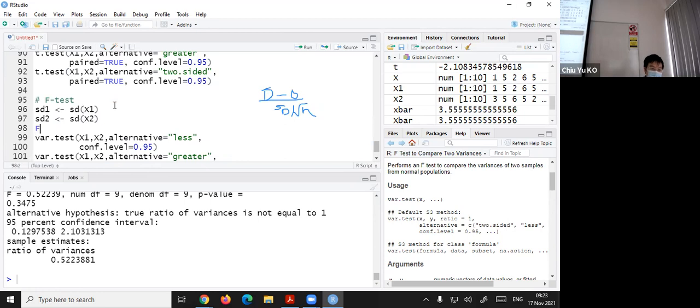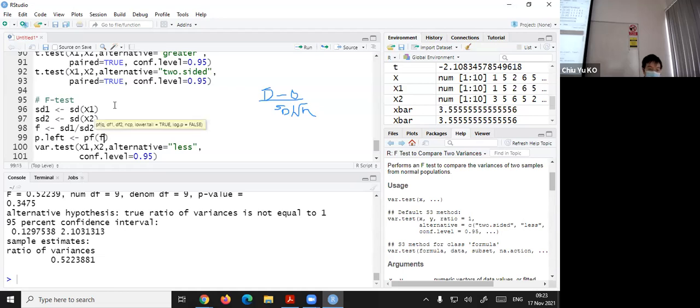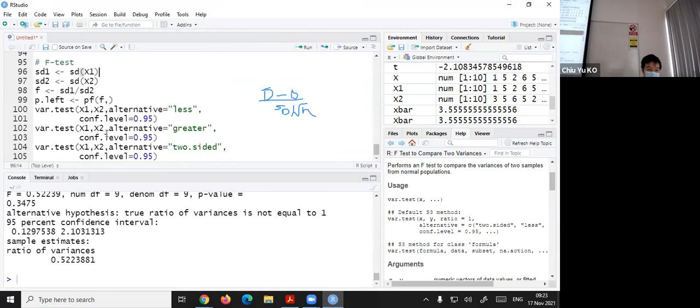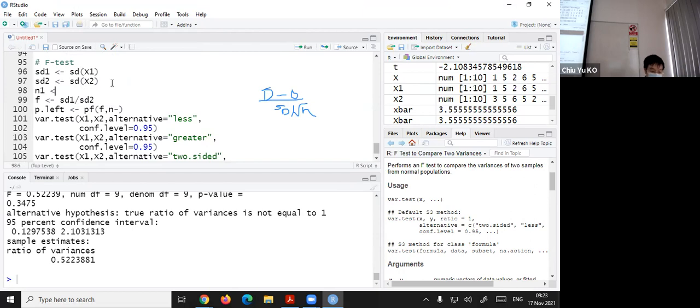So F will be just SD1 over SD2. And then we'll do the left tail test, which will be just pf of F. Then we have defined N already here, but maybe you just define it again in case you would be confused.